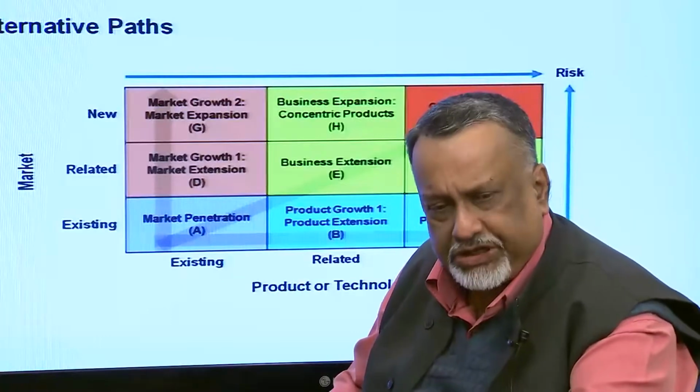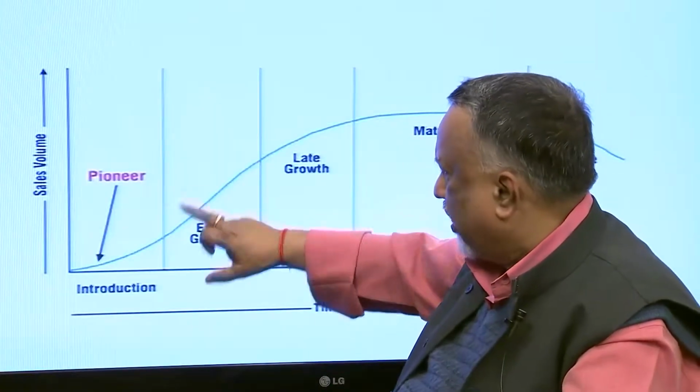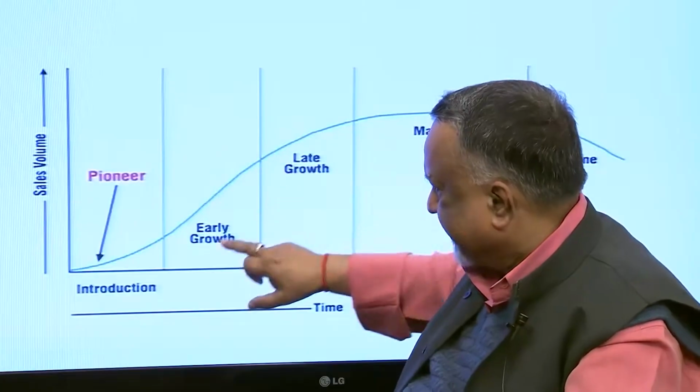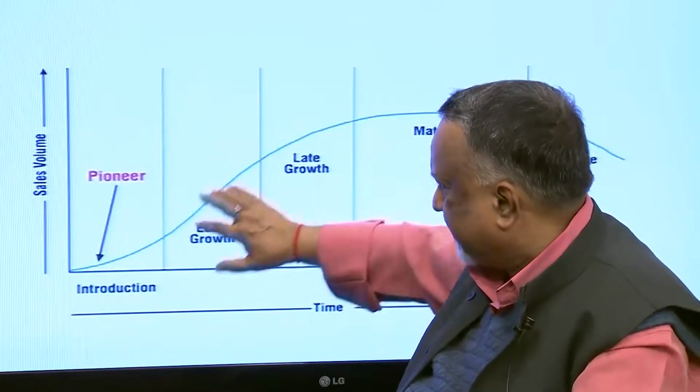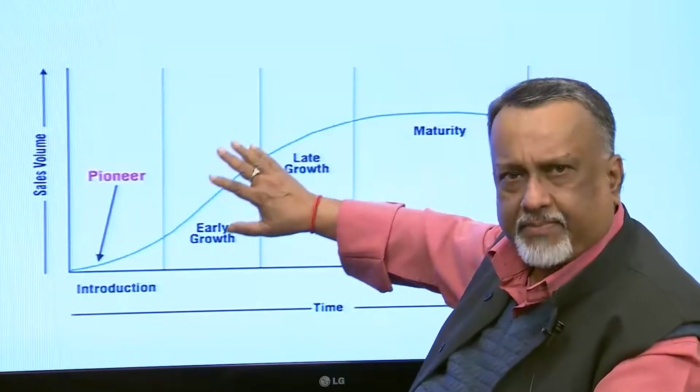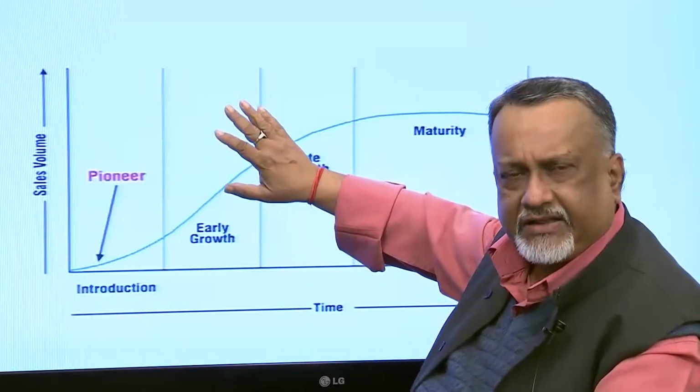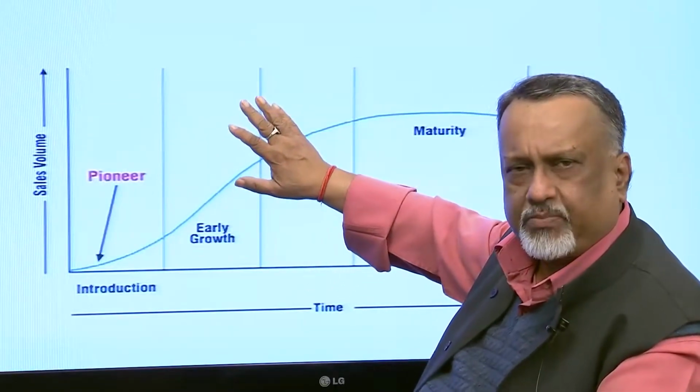That is how you want to capture all the possible opportunities that arise at this stage, where the market is growing, the product demand is increasing, the technology is getting appreciated more and more.